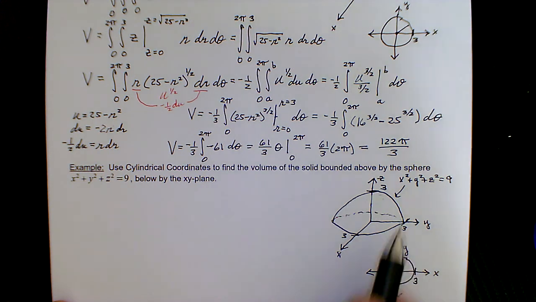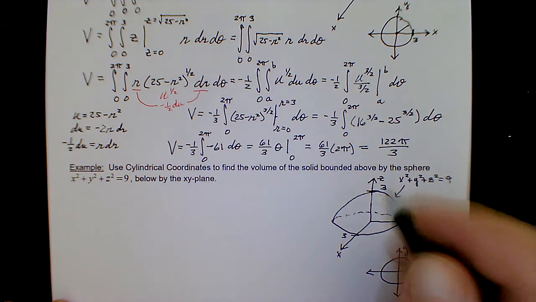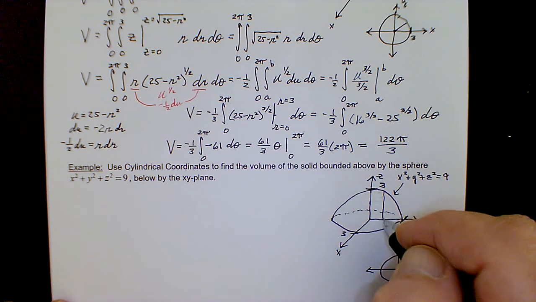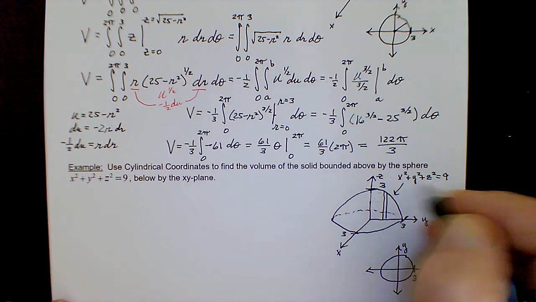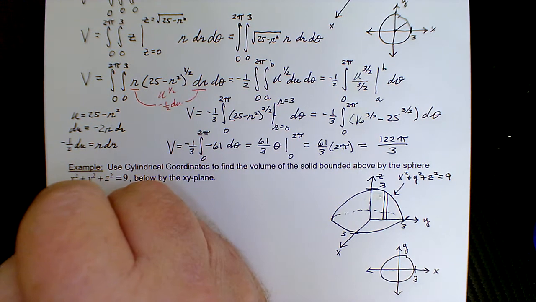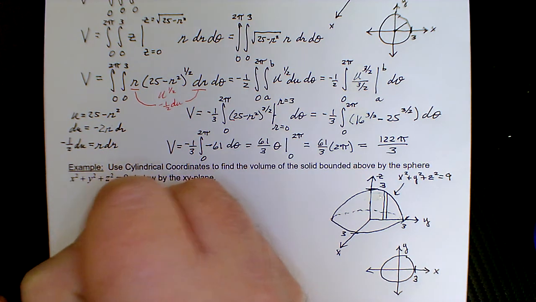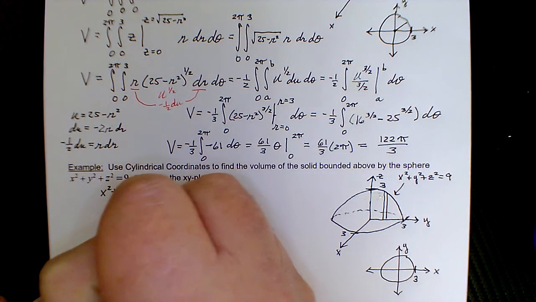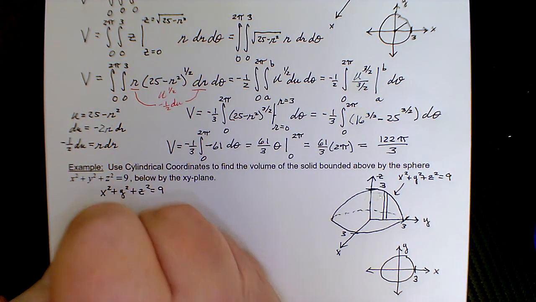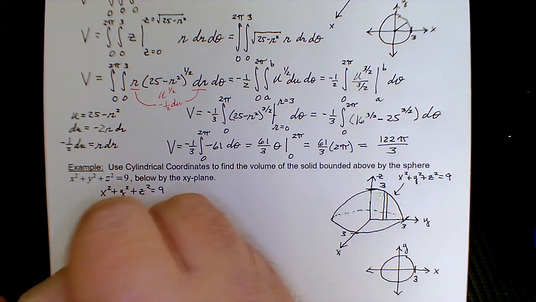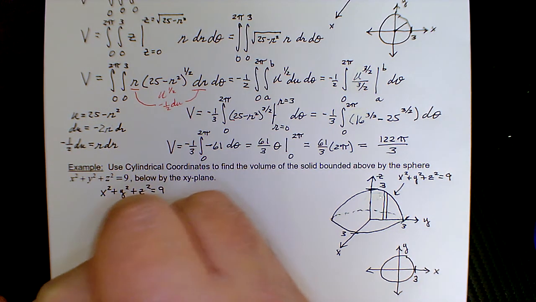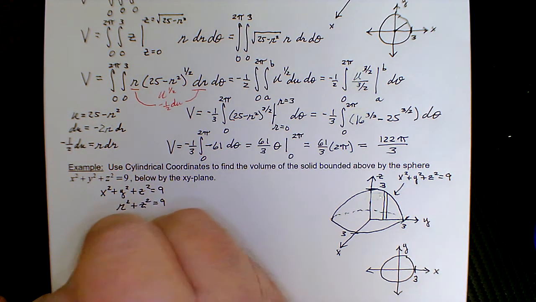So in order to take these vertical strips in the z direction, we need to transform the x squared plus y squared plus z squared equaling 9. So immediately x squared plus y squared is r squared. And we're going to solve for z.